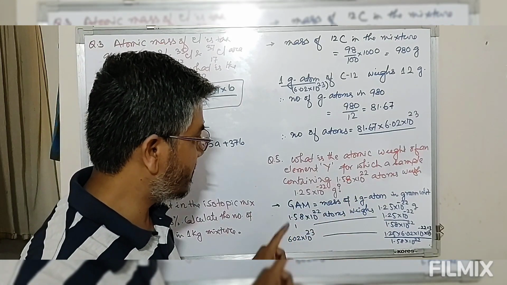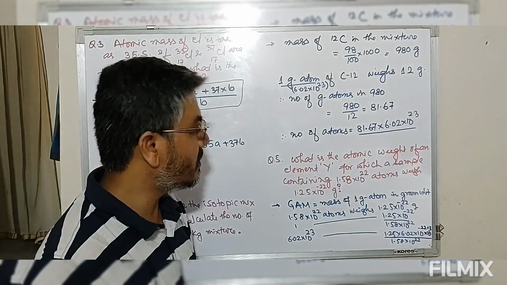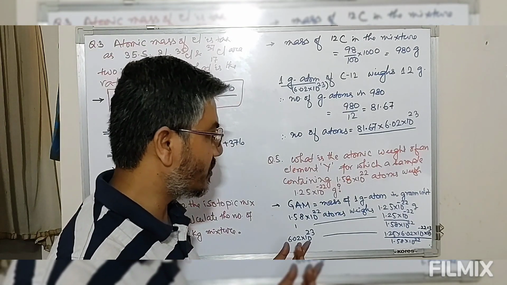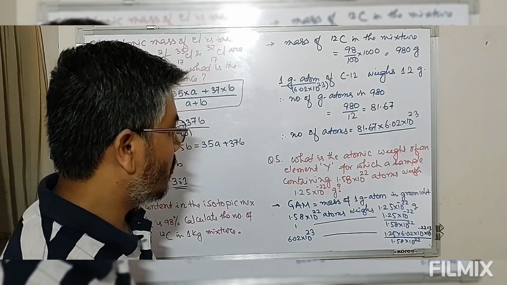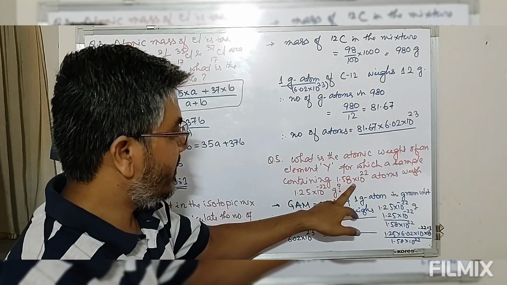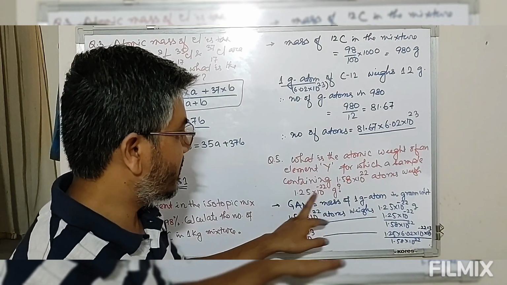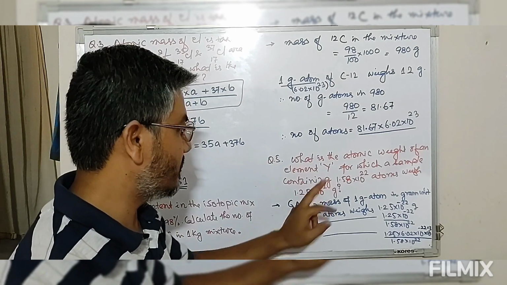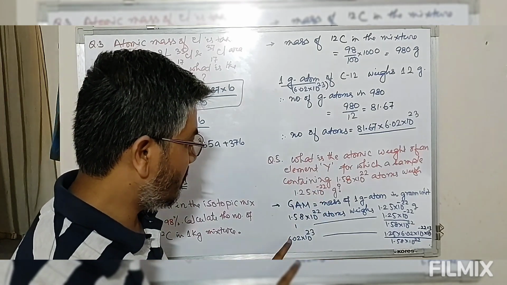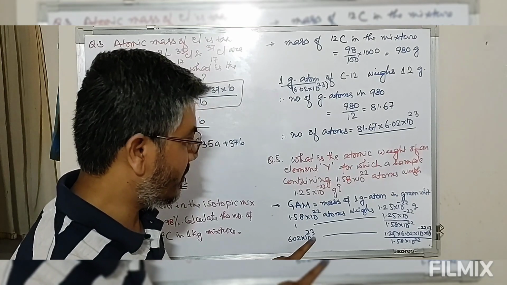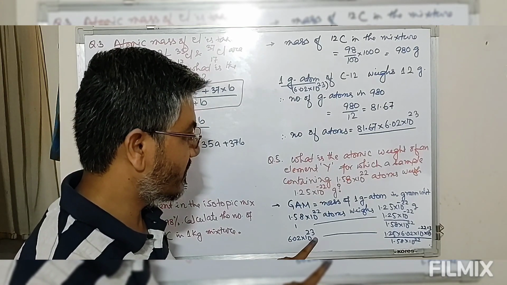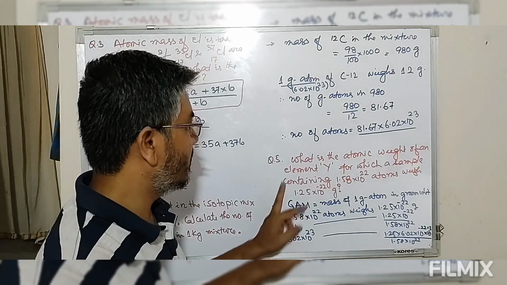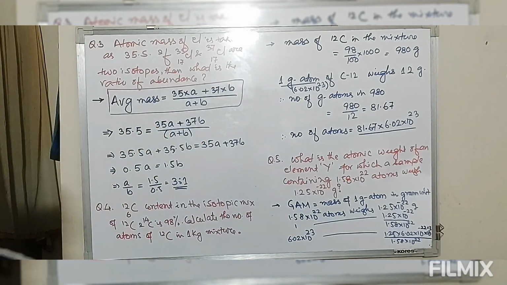So 1 gram atom is 6.02 into 10 to the power 23. So what is the mass of 6.02 into 10 to the power 23? Now 1.58 into 10 to the power 23 atoms weigh 1.25 into 10 to the power minus 22 gram. So the total mass of these 6.02 into 10 to the power 23 atoms is the gram atomic mass of this element Y.